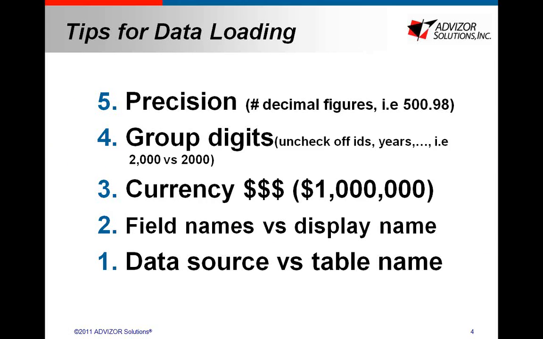So this is the opportunity to have the table name changed to something that's really descriptive, and this will make it easier to just go through the project when you have display names and table names that are very descriptive.